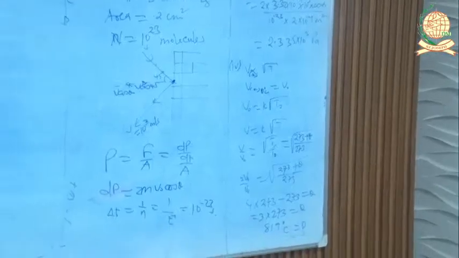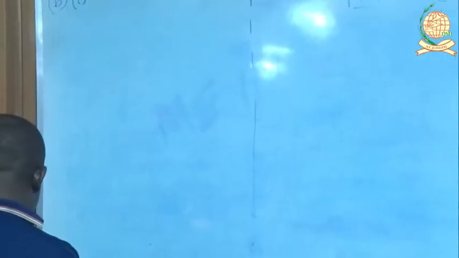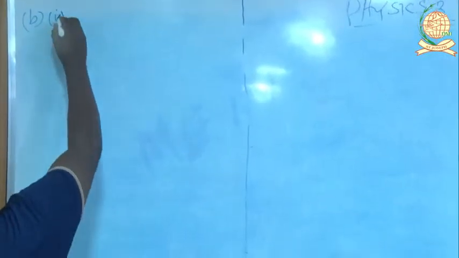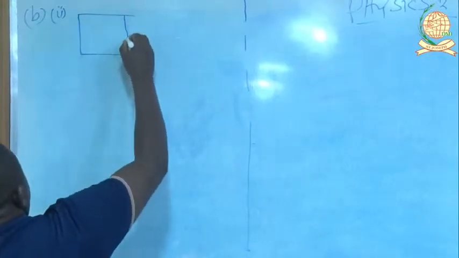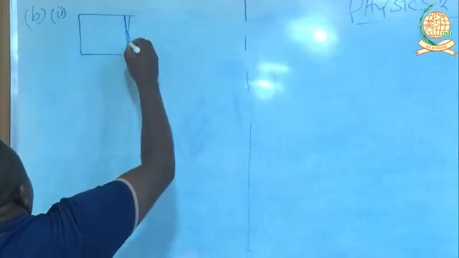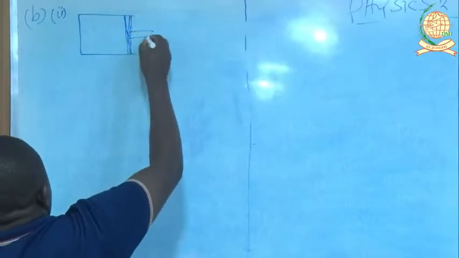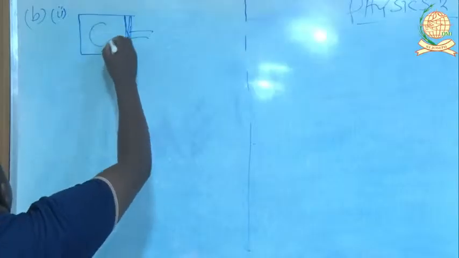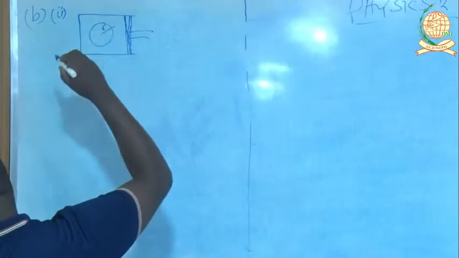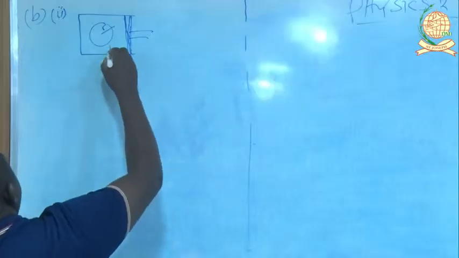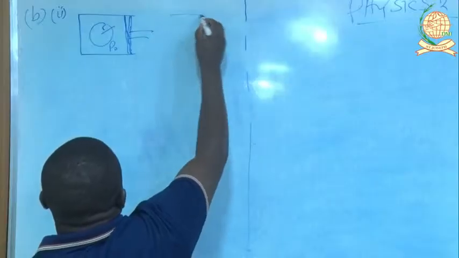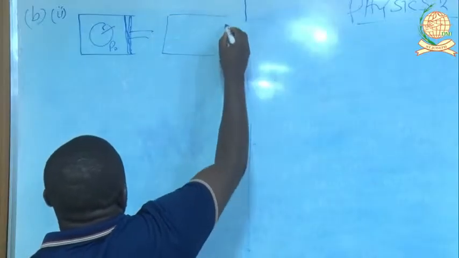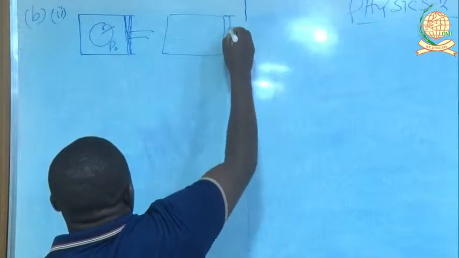Roman 2. We have been given a figure. There is a bubble with radius r kept at P0, and this is changed by increasing its volume.